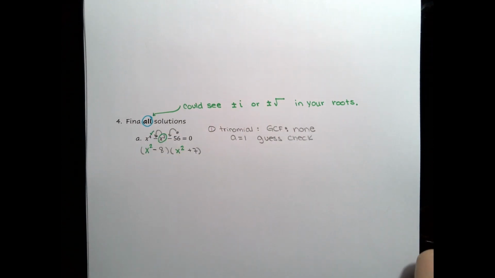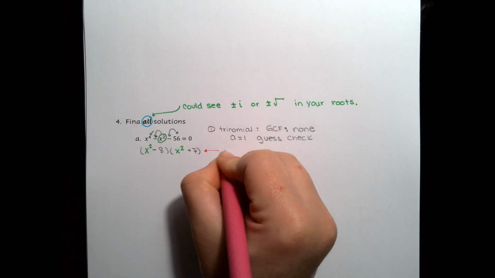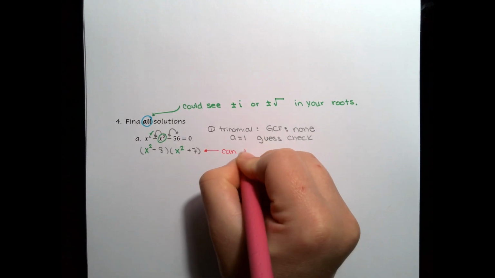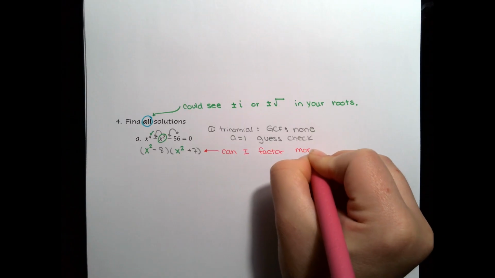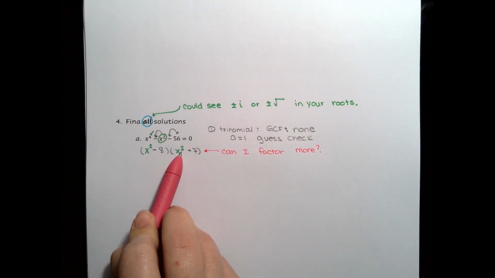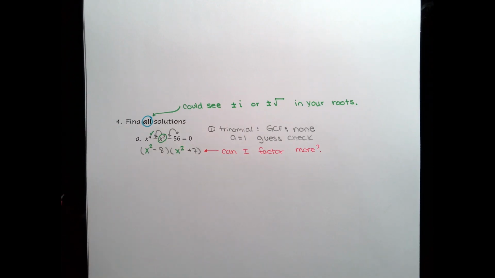Okay, next up, we're going to check if I can factor more. This is very important when, yes, you can factor. Can I factor more? Notice here that I have not a linear. This is an exponent of 2. This one here is an exponent of 2.